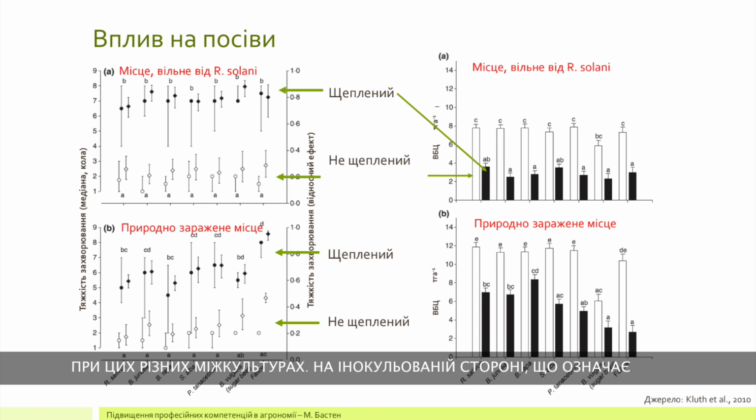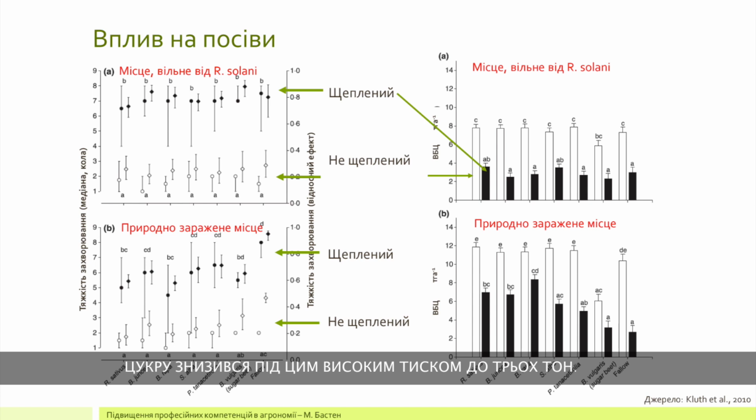And on the inoculated sites, meaning with a high pressure of Rhizoctonia root rot, we had a significant response to the presence of different intercrops compared to the fallow treatment.